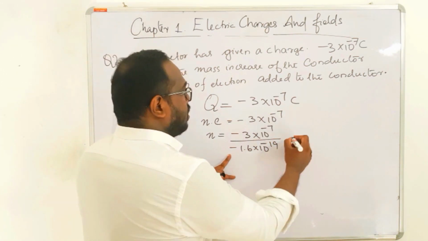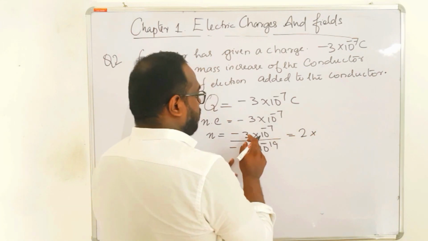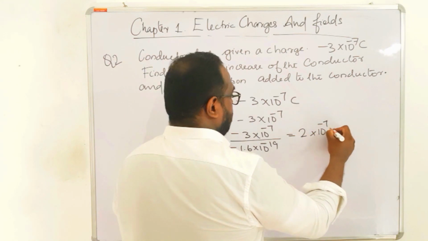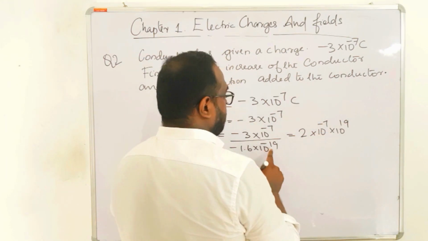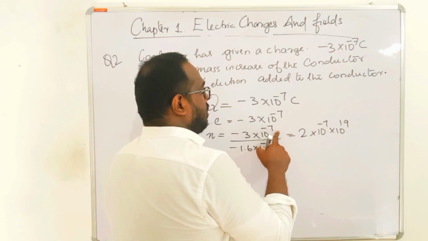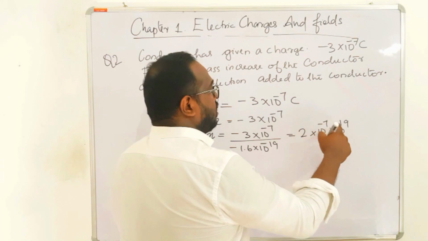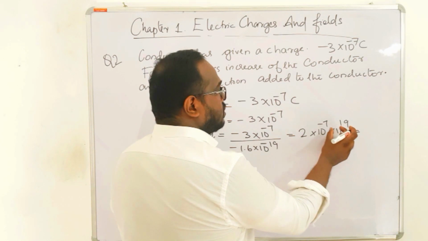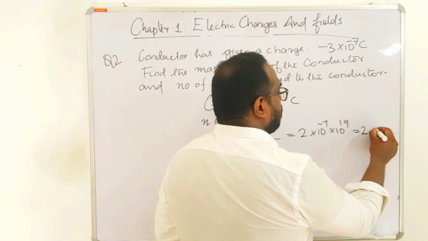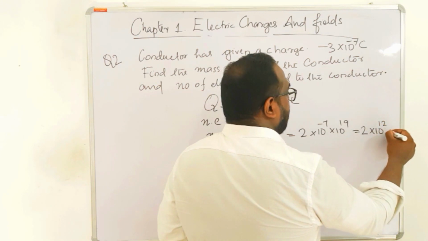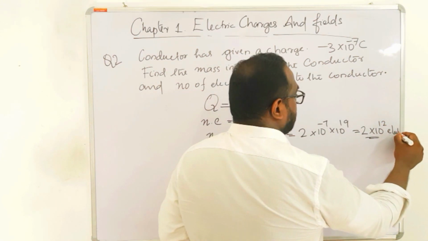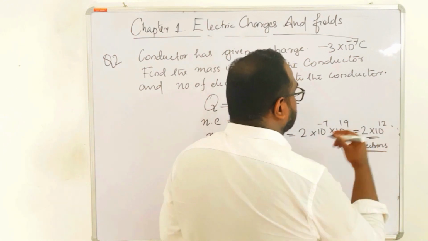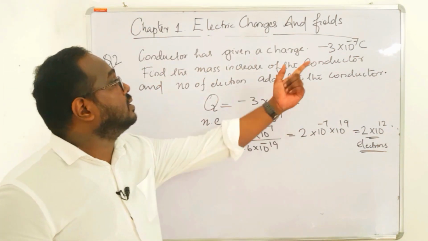This will be equal to 3 divided by 1.6, approximately 2, into 10 raised to minus 7 into 10 raised to 19. When 10 raised to minus 19 comes to the numerator, it changes its sign. So you add the powers and you get 2 into 10 raised to 12 electrons. 2 into 10 raised to 12 electrons are transferred during this charging process.